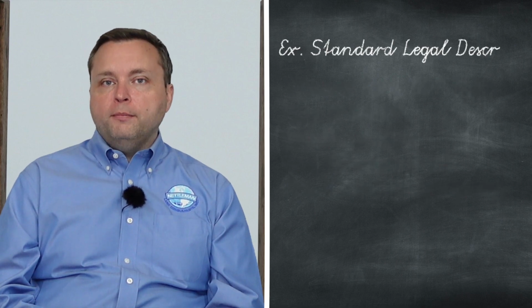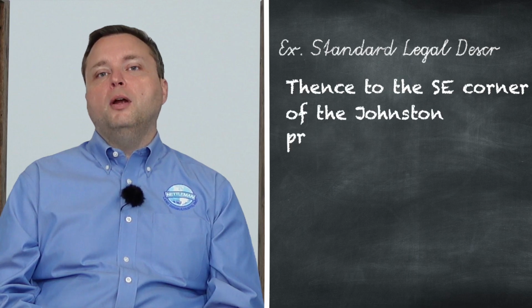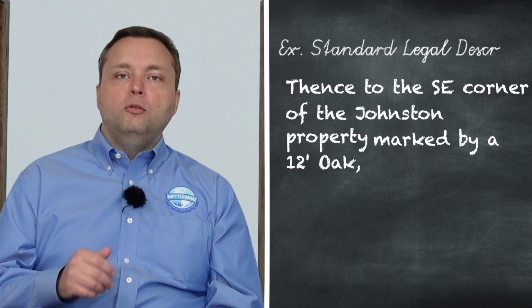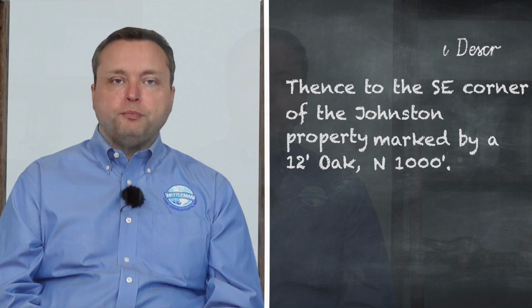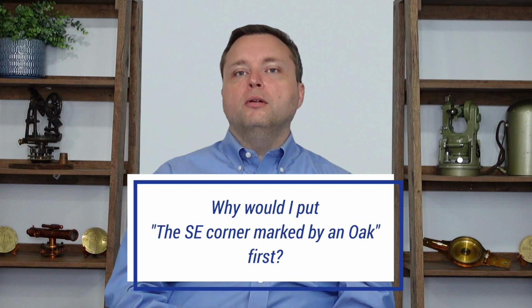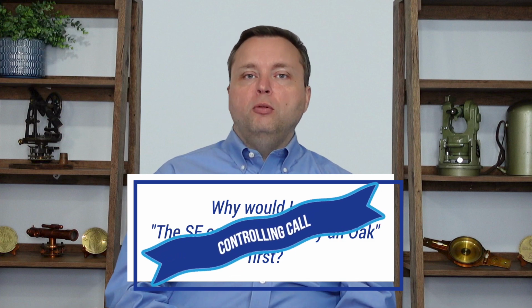Or even better, thence to the southeast corner of the Johnson property marked by a 12-inch oak, comma, north 1,000 feet. Why would I put the southeast corner marked by an oak first? Because that is the controlling call.